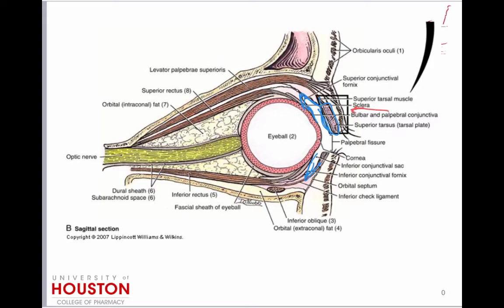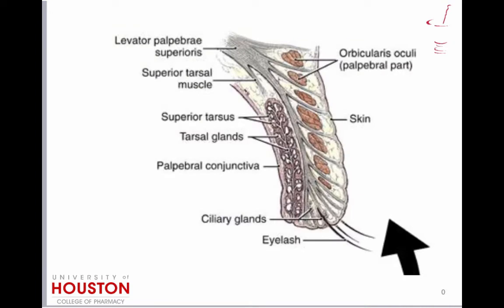So moving along, on this slide, looking at the orbicularis oculi, if we zoom in a little bit more, again we have the palpebral conjunctiva over here. We have our skin on this side with the red, and in green, I'm going to draw this connective tissue that's there. That's our tarsal plate.